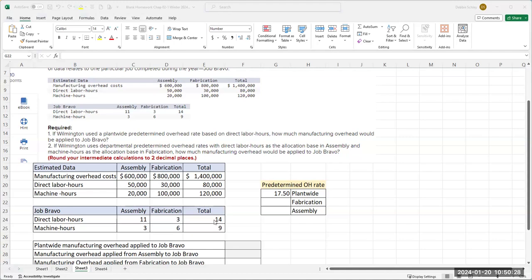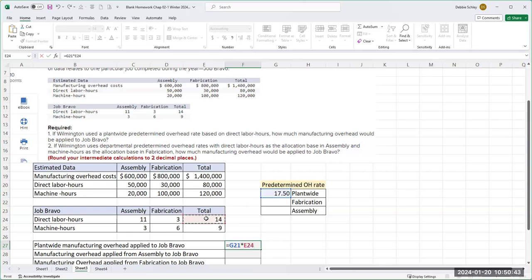So job Bravo plant-wide, which is the total, is then going to be equal to that predetermined overhead rate for the plant-wide times the total direct labor hours for job Bravo, right? That was right there. Okay, so there's my plant-wide manufacturing overhead applied to job Bravo, which was required one.